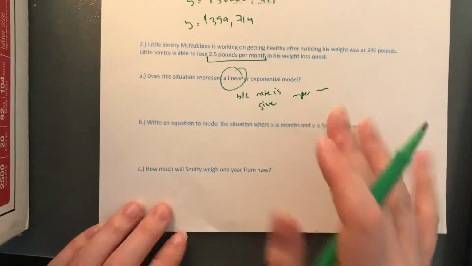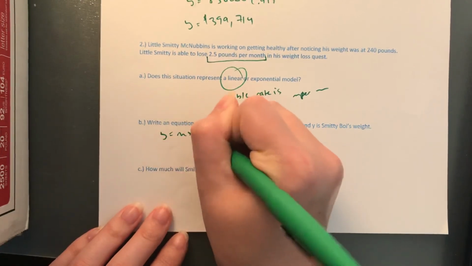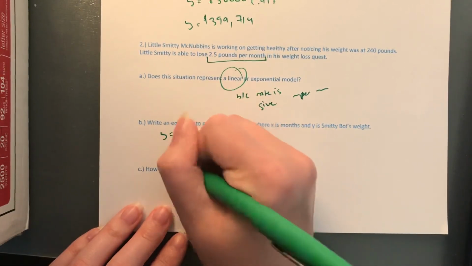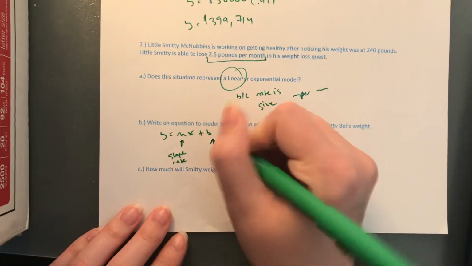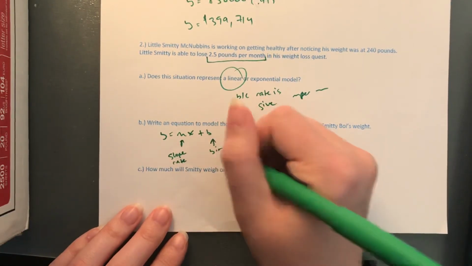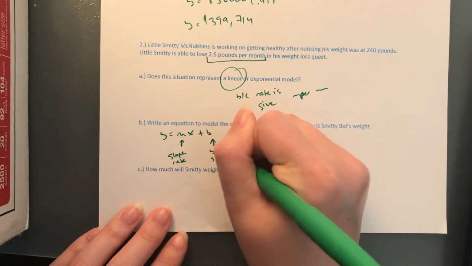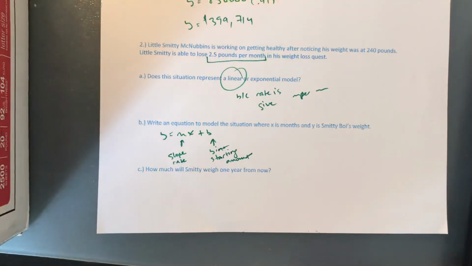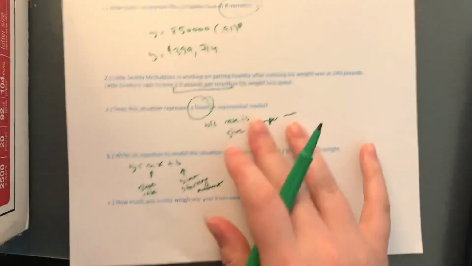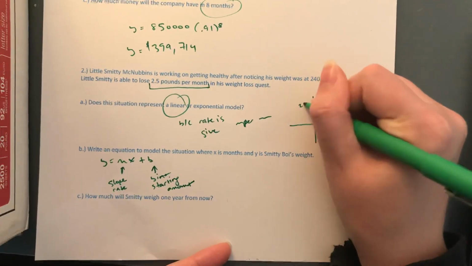So let's write a linear equation. y equals mx plus b. So we need to find the slope, which is our rate, and the b value, which is your y-intercept, but in this case, remember, it's your starting amount. So, remember, he should be losing weight. Little Smitty has some starting weight here at 240.